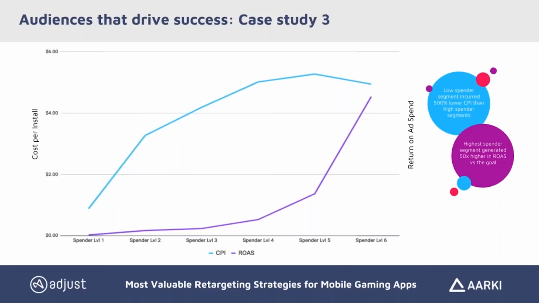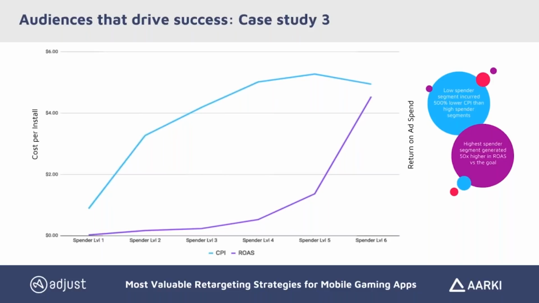And the example we're working with was segmenting your retargeting users into different spend levels. So highest historical spenders, users who have spent in various ranges. And what we didn't do is focus on non-spenders.